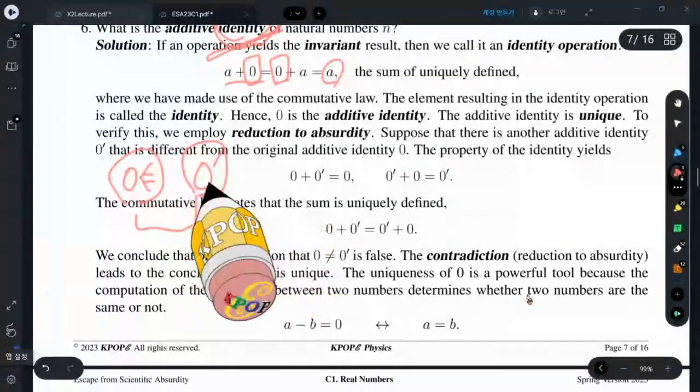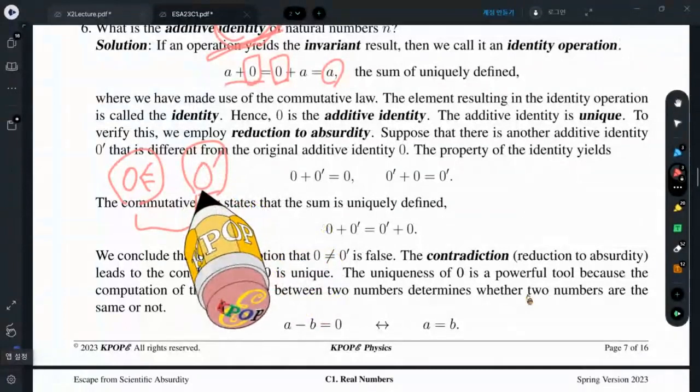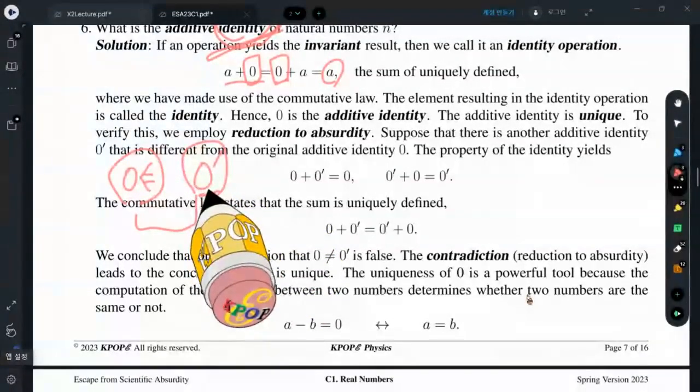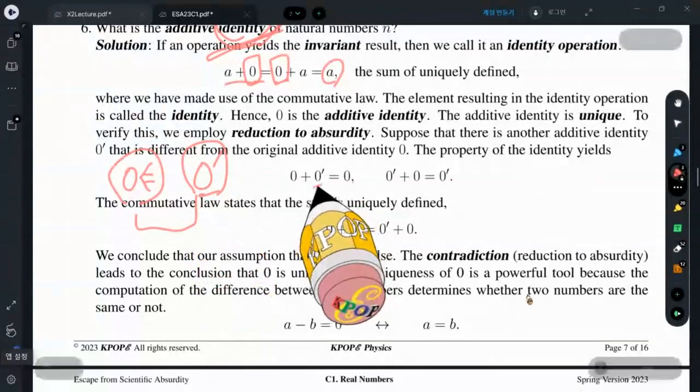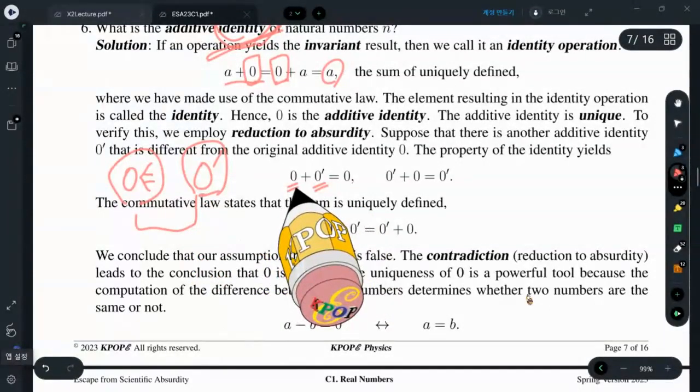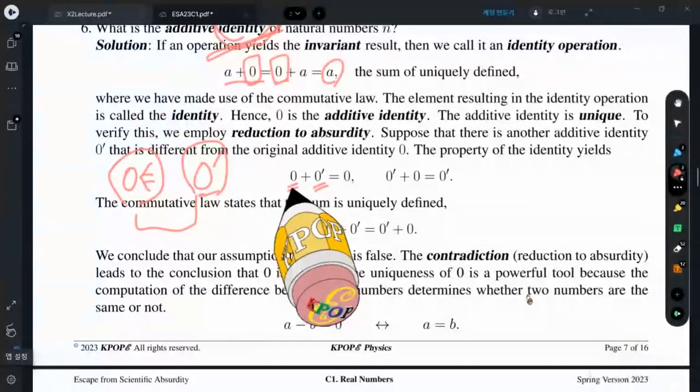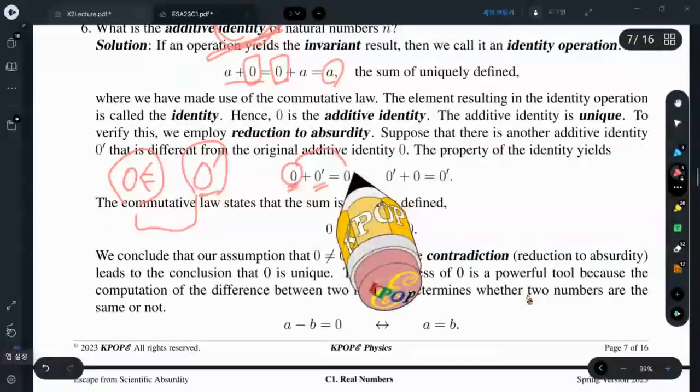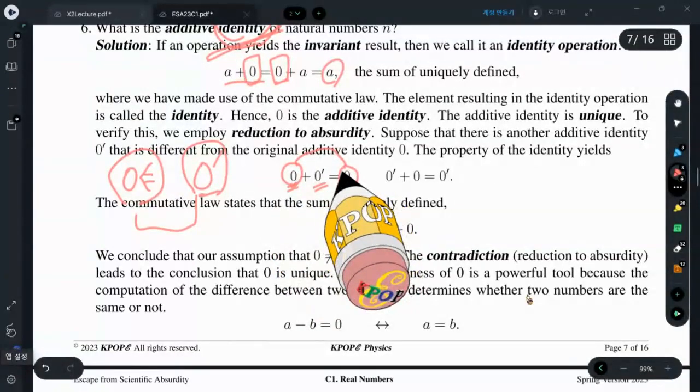Let's see. So if 0 prime is an additive identity, I can add this one to what I know. And the result should be the same as before.